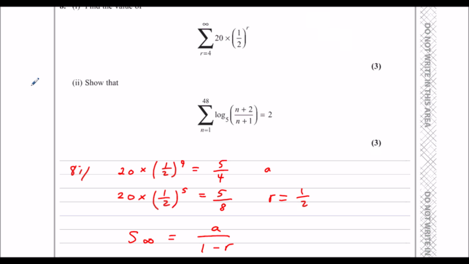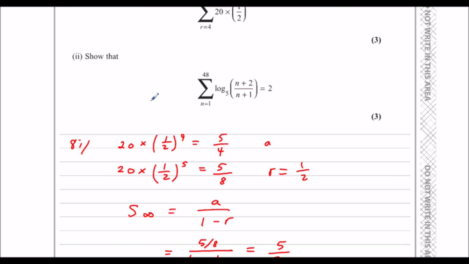Okay, so the second part, we've got show that. We've got the sum, again, from 1 to 48. So starting when n is 1, going up to when n is 48, of log base 5 of n plus 2 over n plus 1 is equal to 2.